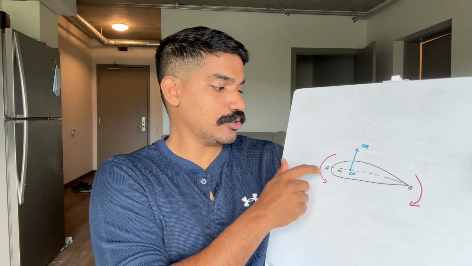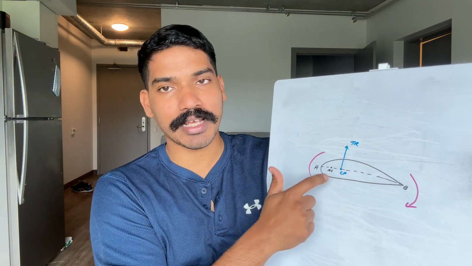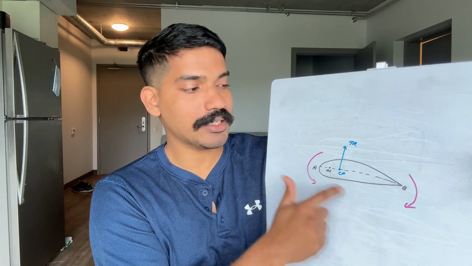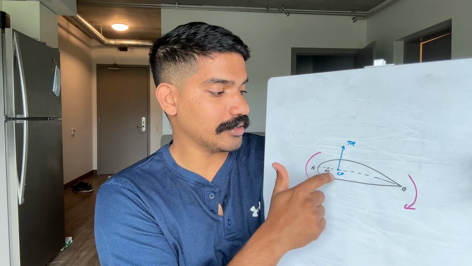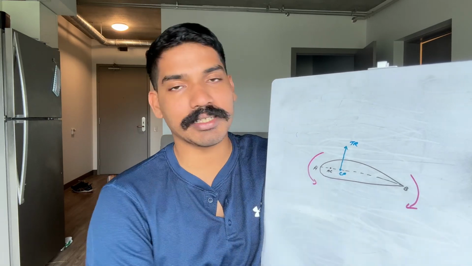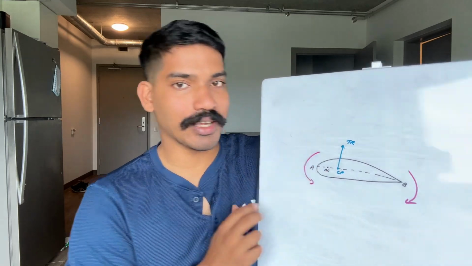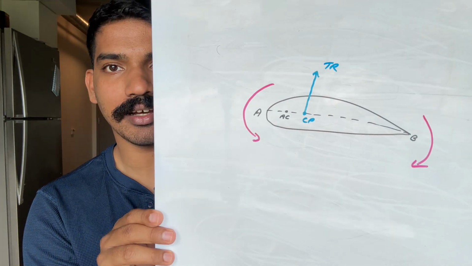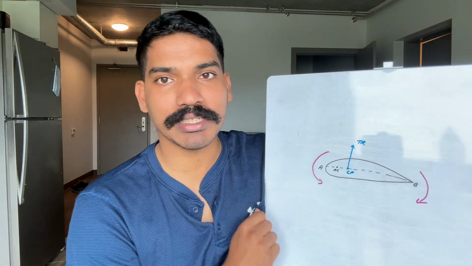The leading point of the aerofoil can be abbreviated as point A. The trailing edge can be abbreviated as point B, and the center of pressure can be abbreviated as point CP. Now, if you can see, I've drawn this diagram. AC here is the aerodynamic center. So this is the aerodynamic center, right?